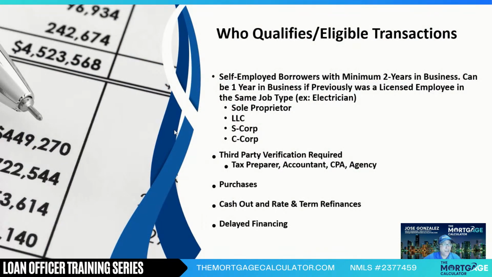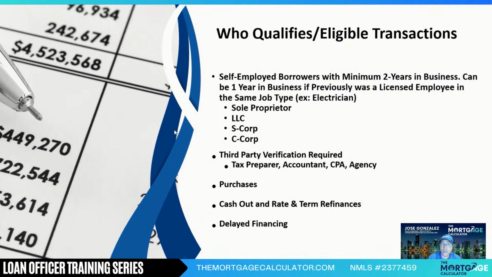It's real important to know when you're going to calculate the income to know who even qualifies for that type of transaction and what would be eligible transactions, right? So bank statement loans, for those of you that may not be aware, are for self employed borrowers only with a minimum of 2 years self employment.